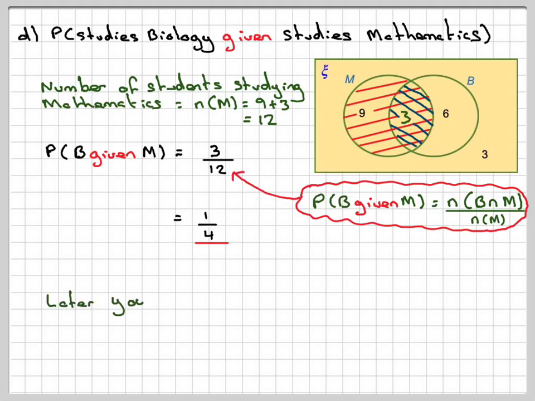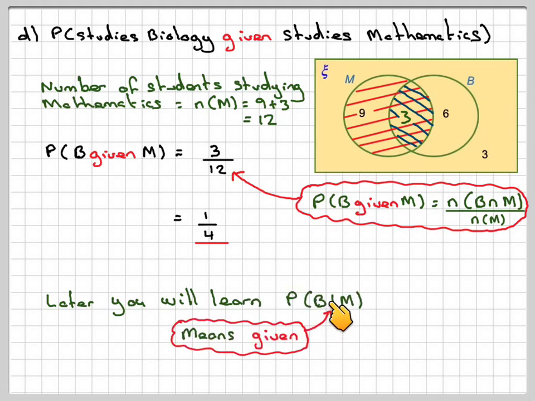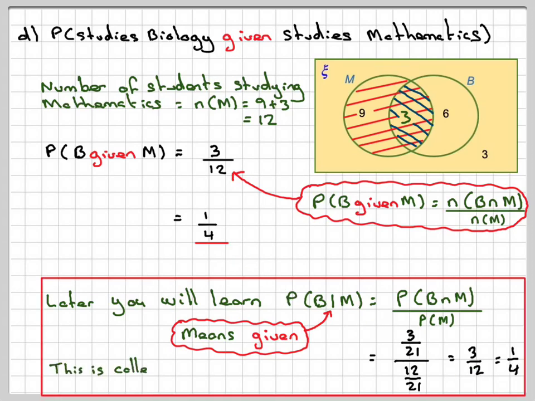Now, more formally, if later you will learn this formula, the probability of B given M, so this symbol here, a straight line, means given, is going to be the probability of B intersection M divided by the probability of M. Now, B intersection M will be 3 out of 21, divided by the probability of M, which is 12 out of 21. If you do that, the 21s will cancel out and you end up with 3 twelfths and 1 quarter like before. This is called conditional probability.